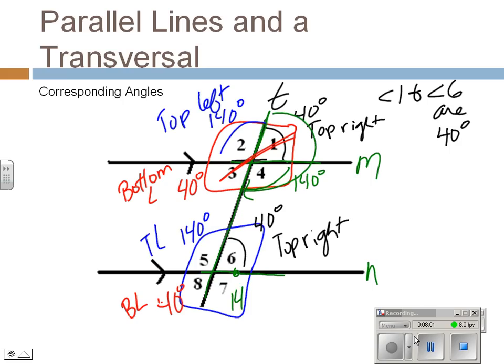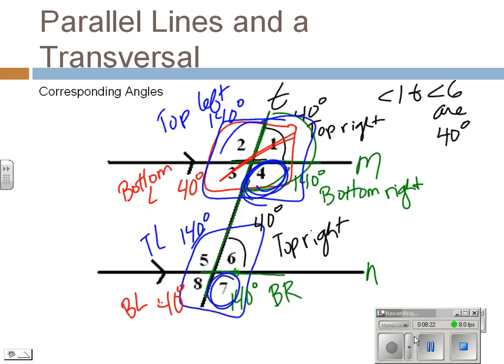So we know that angle 7 is also 140 degrees because angle 4 and angle 7 are both bottom right. So you want to find the angles that are in the same position in the two little squares or rectangles that I drew. So those are what you call corresponding angles, and corresponding angles are congruent.